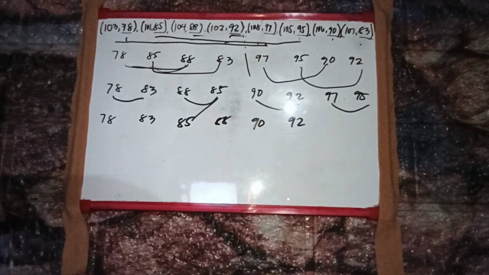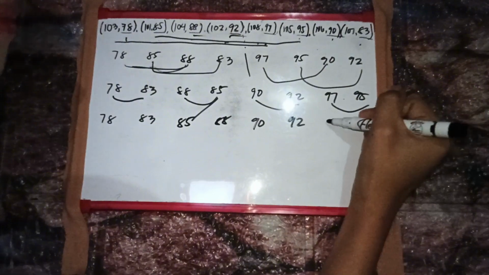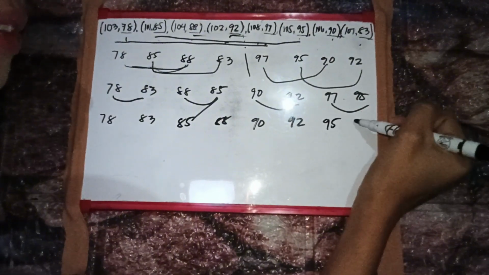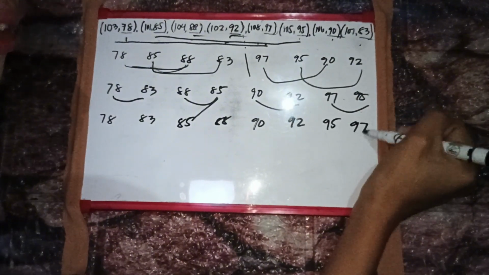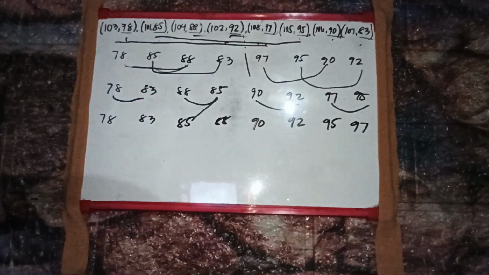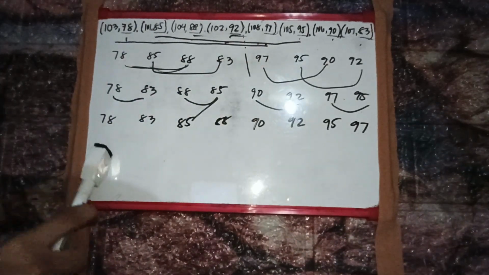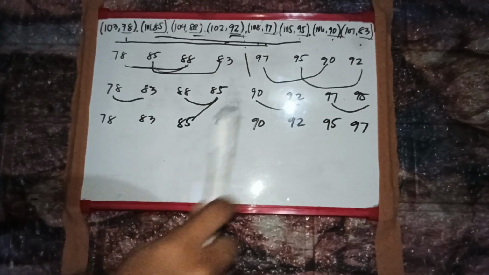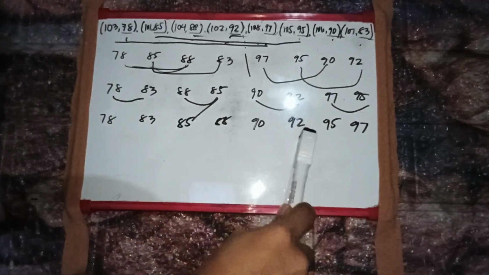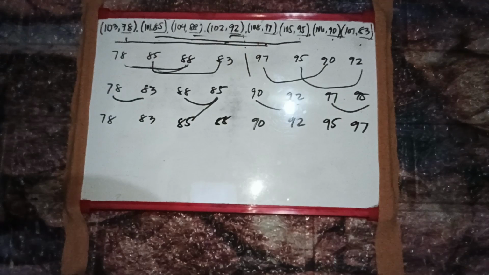And 97 is greater than 95, so we're switching them: 95 and 97. So now we have 78, 83, 85, 88, 90, 92, 95, and 97.